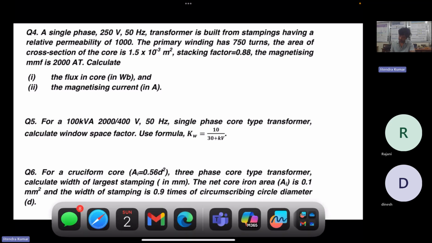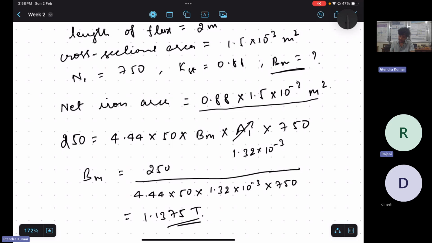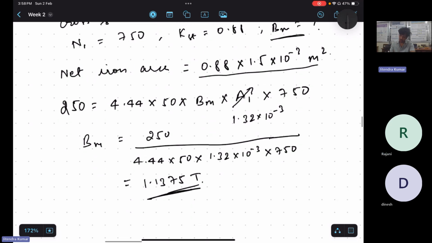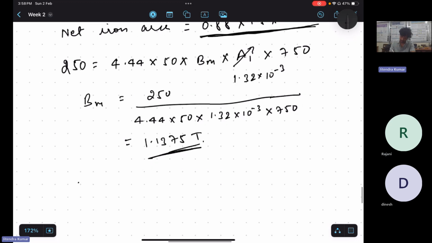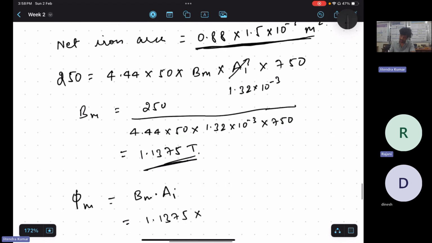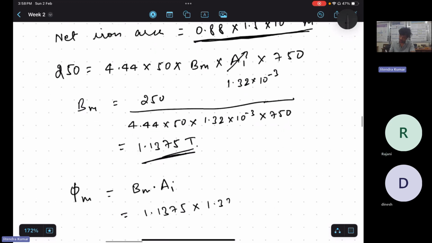So see, here we calculated flux density. We have the net iron area. Can we calculate flux in the path? Maximum flux in the core is nothing but Bm into area of iron, the area of the cross-section. 1.1375 into iron area, which is 1.32 into 10 raised to power minus 3.